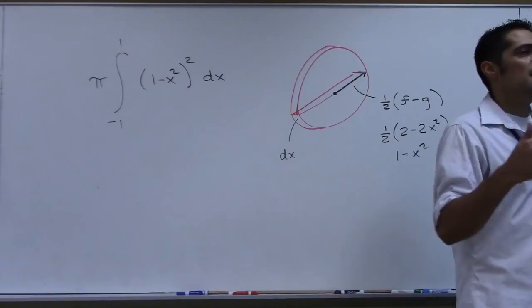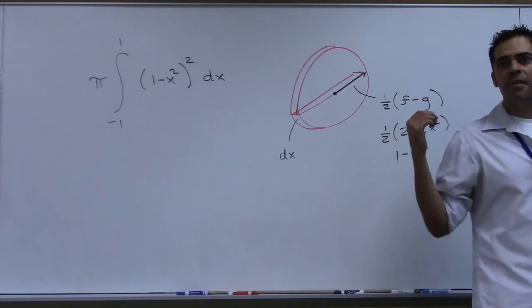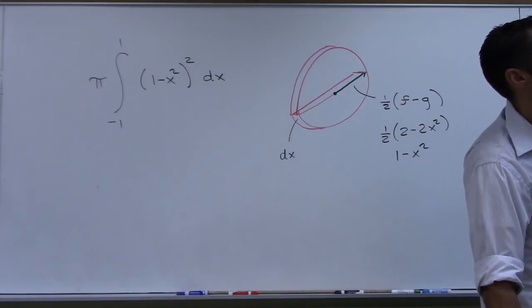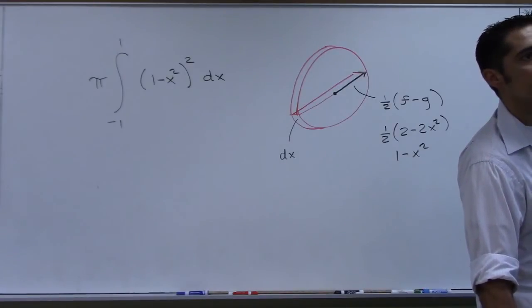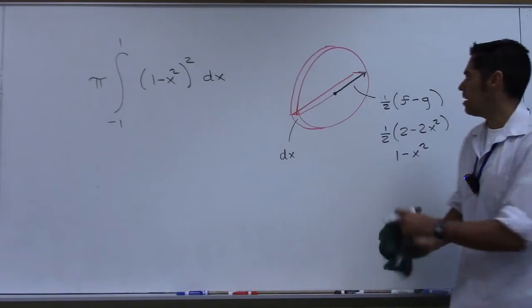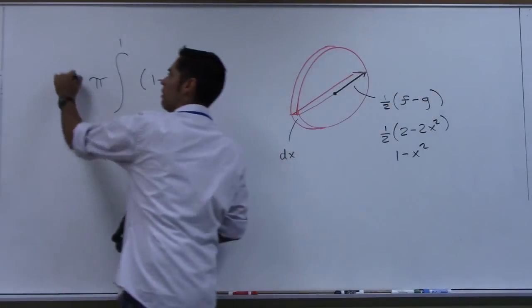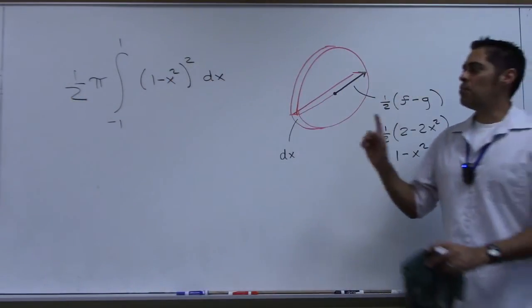What if I said instead of circles that they were semicircles? It would be half of this, right? You would just take half that volume if they were semicircles. So if they were semi, all you do is just put a half in front of this. All right? Last one.